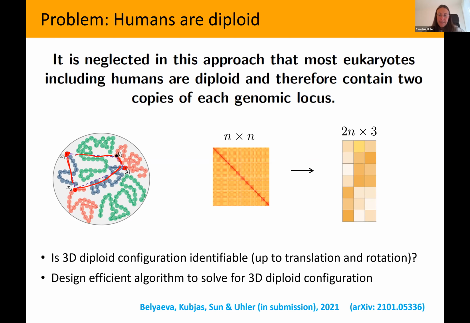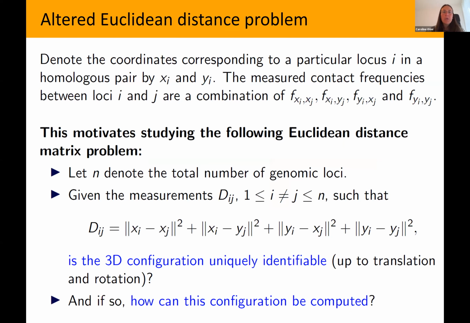Okay, so let's first write it out mathematically, just so that we're all on the same page. For us to have the notation straight, I will use x for the first copy of a locus, so xi, and then yi will be its corresponding copy of the i-th locus, and we cannot distinguish between the x's and the y's.